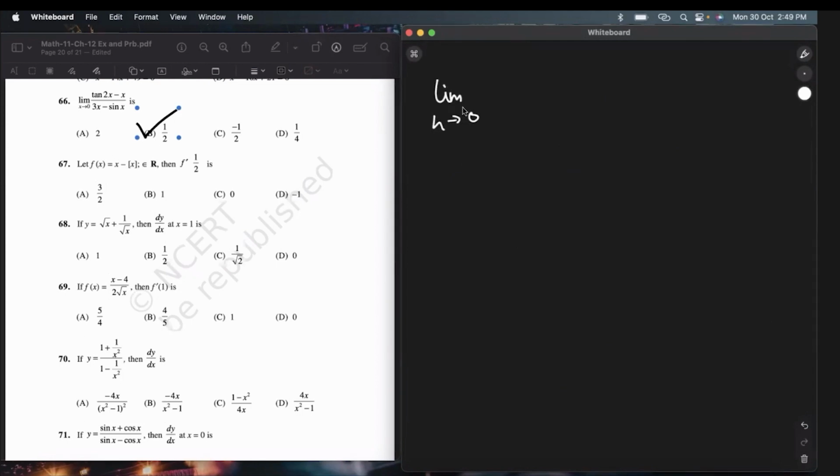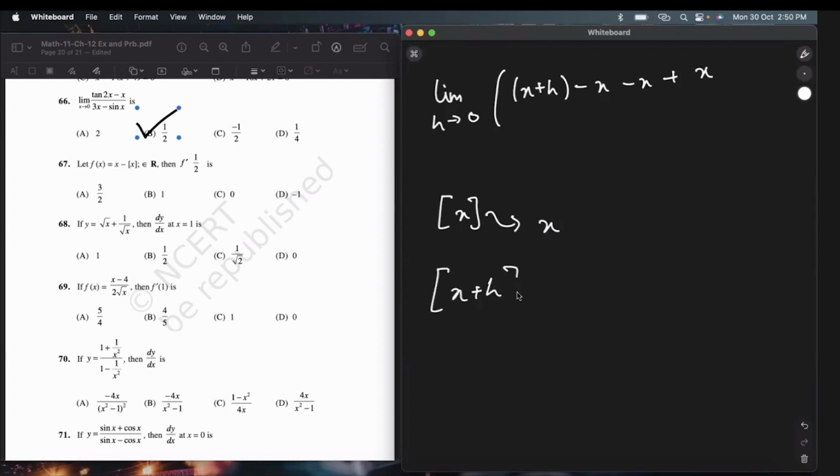Basically, what do I have here? When h tends to 0, first I have x plus h, then there's a minus x, and there will be a plus GIF of x, because the GIF of x itself is there. And similarly for GIF of x plus h, when h tends to 0, this will tend to GIF of x.